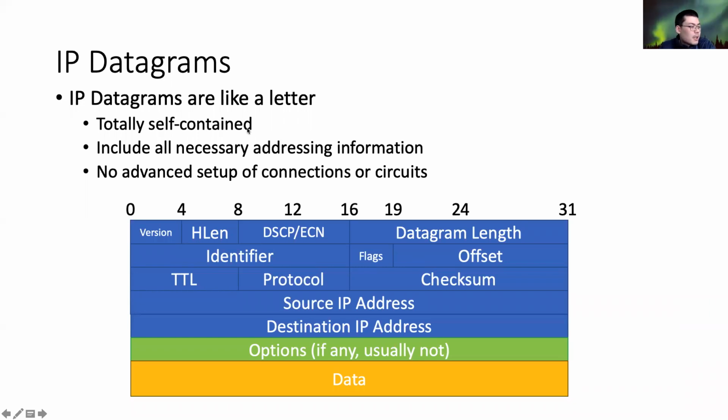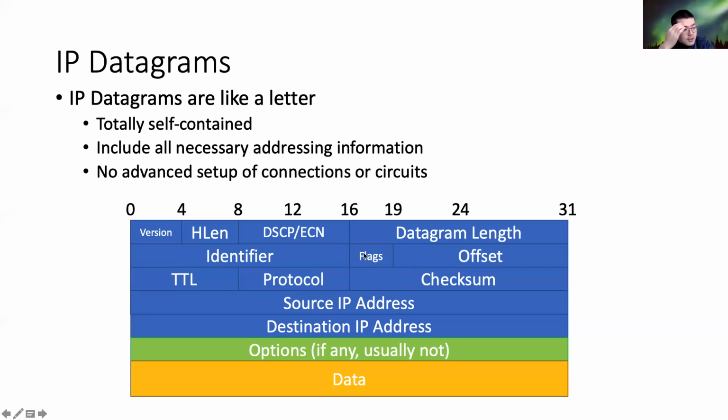So IP datagrams are like a letter, because if you send a packet somewhere, the router will read the letter and it has the source address and the destination address. It doesn't care about where it comes from. It just cares about where I should forward it to the next hop router. So your IP datagram should contain all the information necessary for the routing.